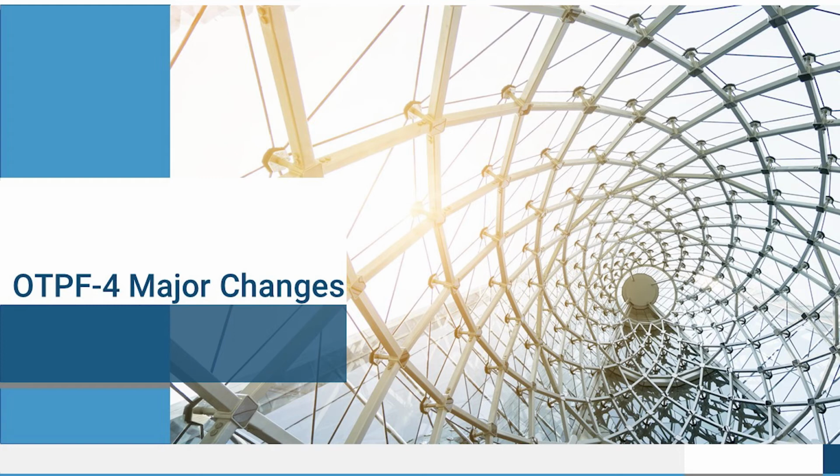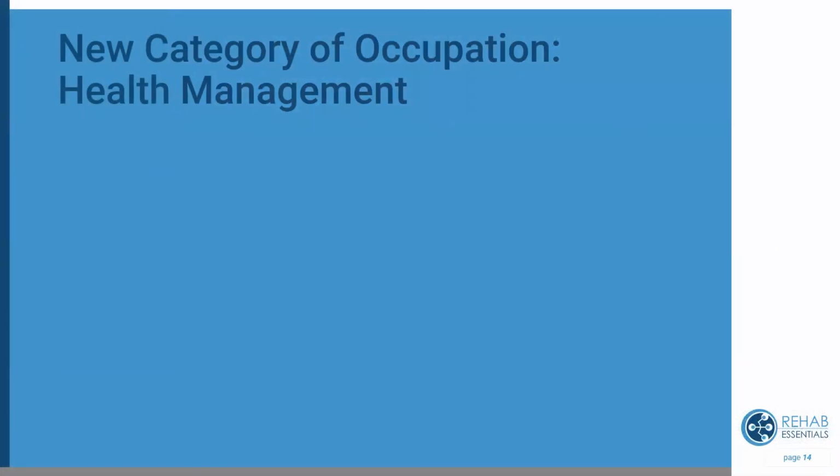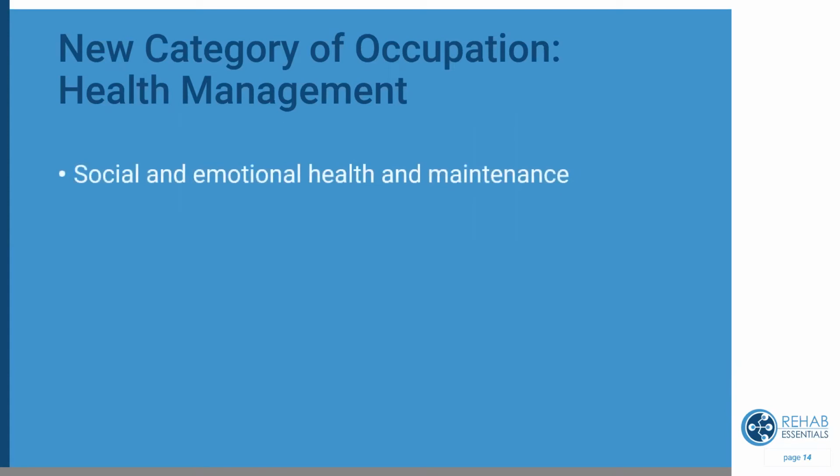Now, the OTPF has some major changes, including an exciting new category of occupation called health management. What do we mean by health management? Well, if you talk to anyone with a chronic condition, it includes the social and emotional health and maintenance that one has to deal with, and especially for certain conditions, it's not a static trajectory.